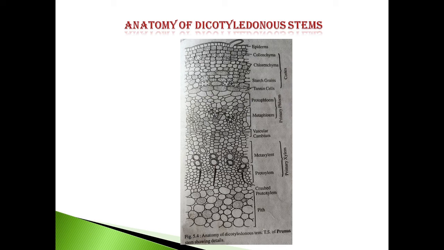These three things, the sieve tube, companion cell and phloem parenchyma, we already discussed in our second video, on the types of phloem. The companion cells are small cells which are attached to the sieve tube. Each companion cell is the sister cell of the sieve cell.